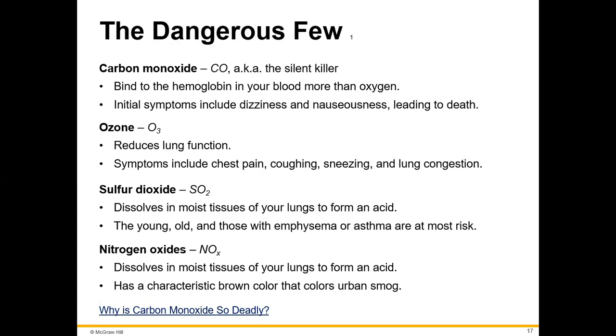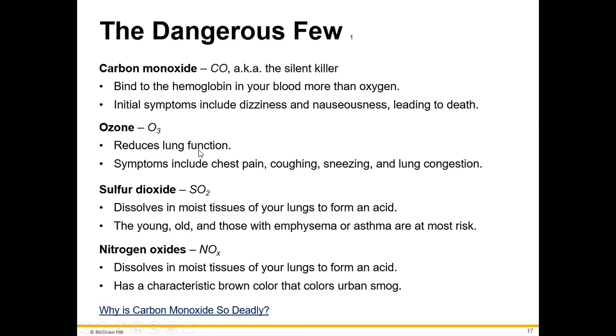And if you have a furnace in your home, you need to make sure you have a carbon monoxide detector because it is called the silent killer. It binds to the hemoglobin in your blood better than oxygen does. And so if you have carbon monoxide in your home, you can actually die of asphyxiation pretty easily. So if you don't have one already, please go out and buy a carbon monoxide detector, invest in your family's safety.